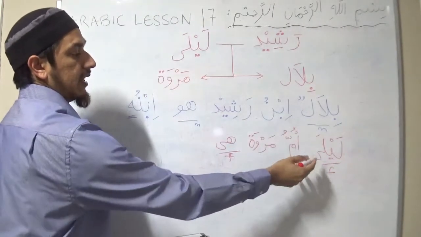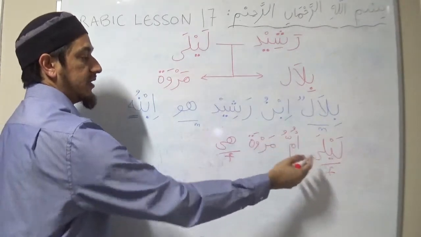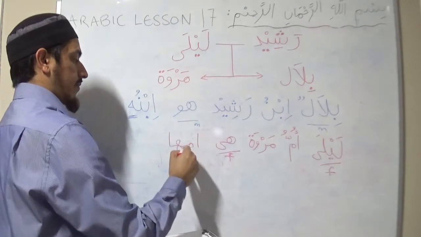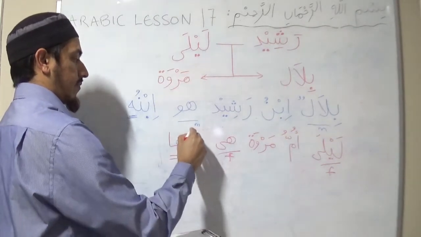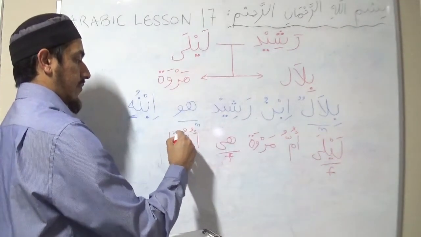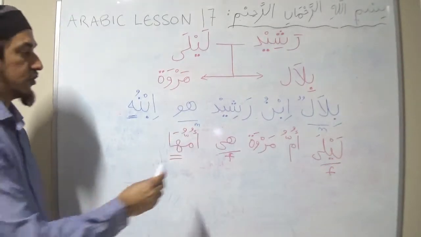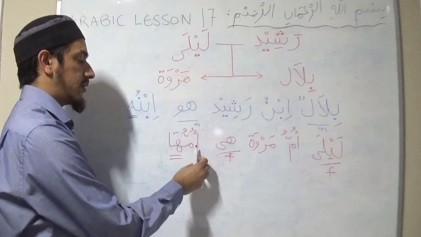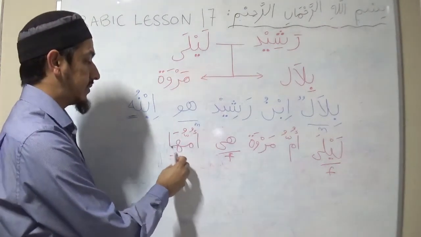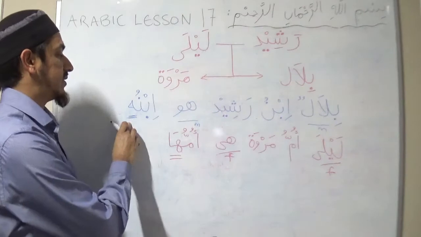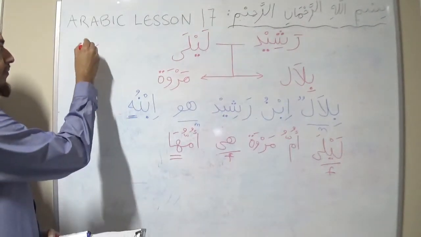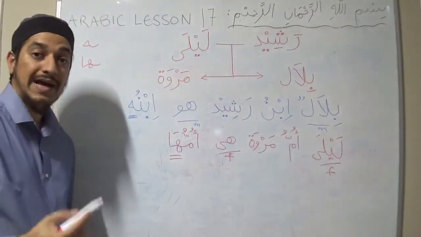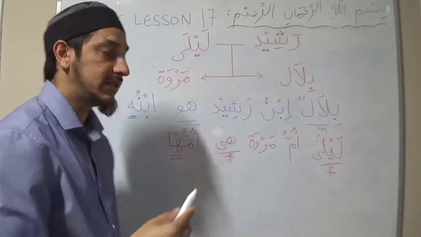Hiya, Layla is the mother of Marwa. She is Ummuha. So here, this personal pronoun joined to another noun in ism comes in the form of ha, as we have seen. So we've seen hu, we've seen ha, we've seen ka and ki. Ka and ki is for anta and anti.